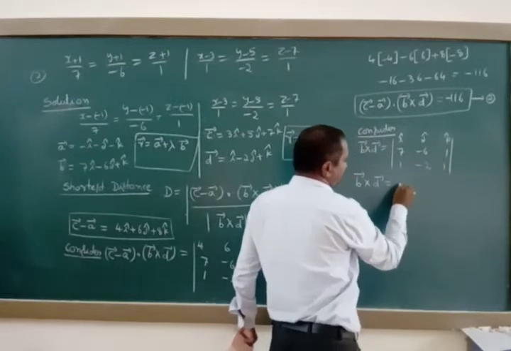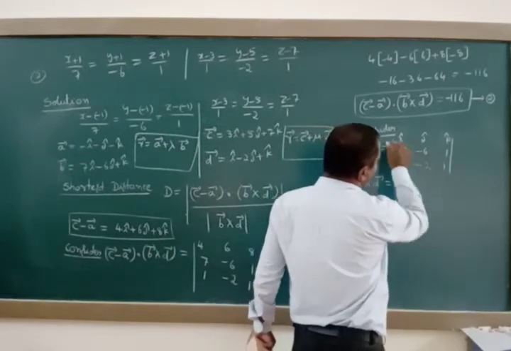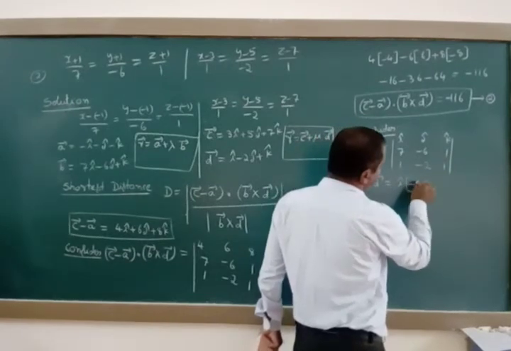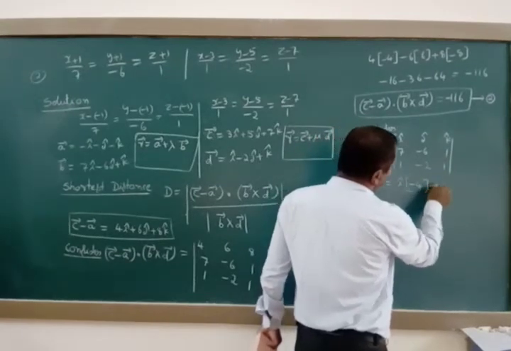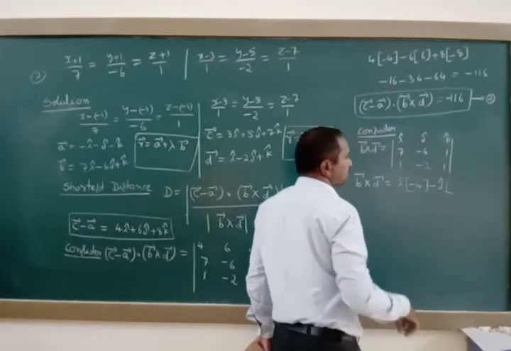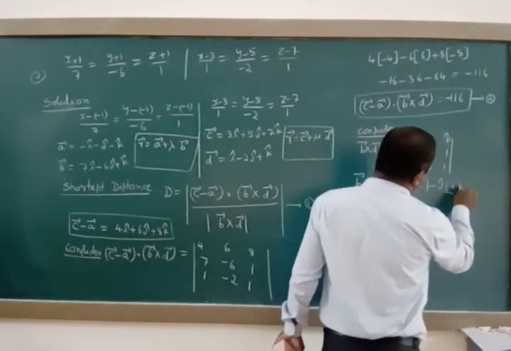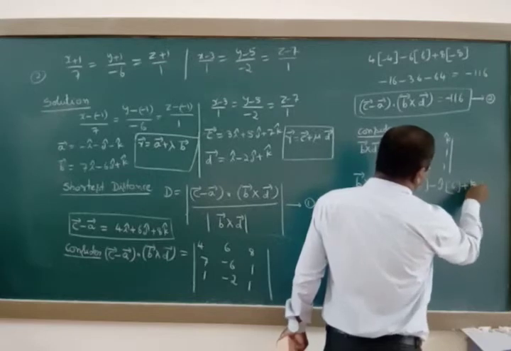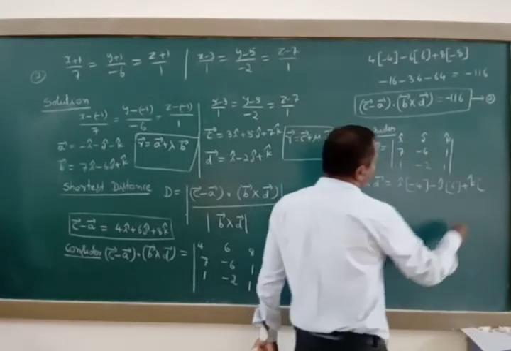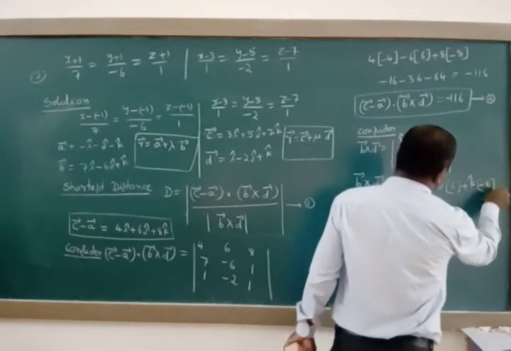Expanding with respect to the first row: i cap into, deleting row and column, minus 6 plus 2, minus 4. Minus j cap into, deleting row and column, 7 minus 1, 6. Plus k cap into, deleting row and column, minus 14 plus 6, minus 8.